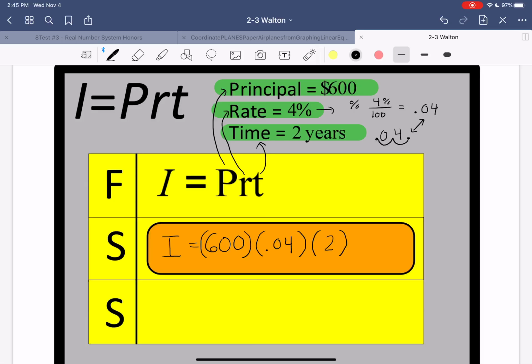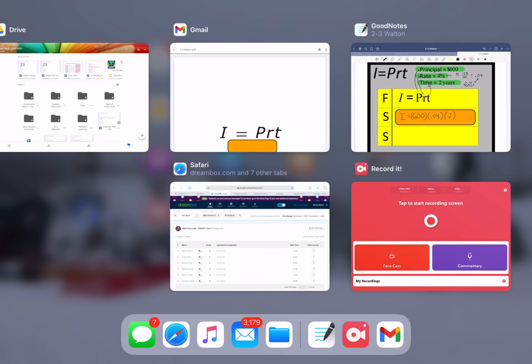So from there, we will take our calculator and multiply those numbers. So let me get my calculator.